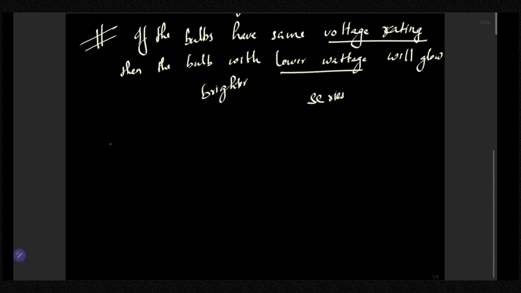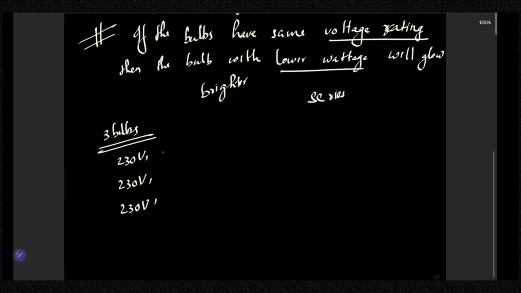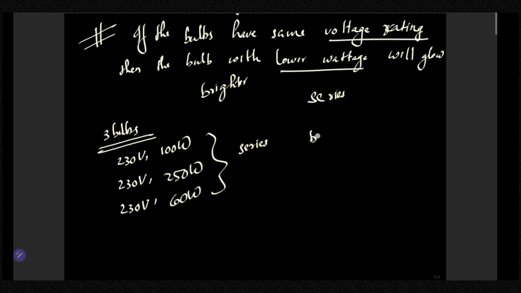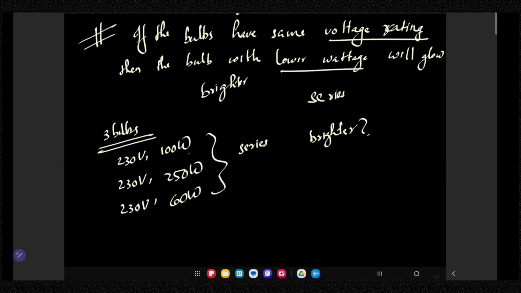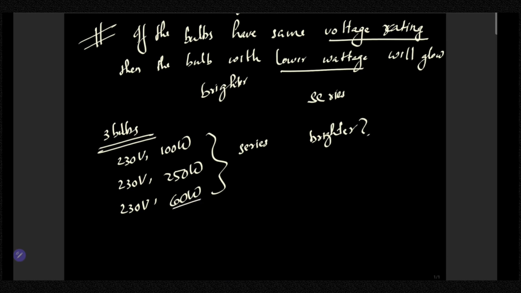Take an example. If you are given 3 bulbs of the same voltage rating but different power ratings, for example 100, 250, and 60, and all of them are connected in series, and you are asked which one will be glowing brighter, just looking at the bulb ratings, we can conclude that the one with the lower wattage will be glowing brighter.